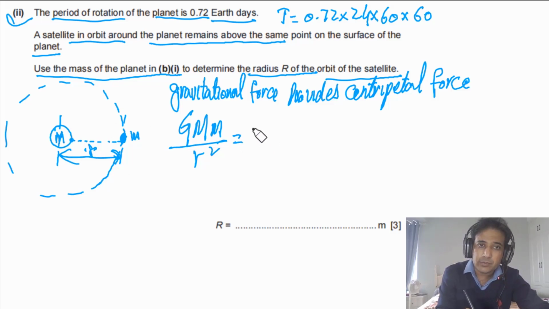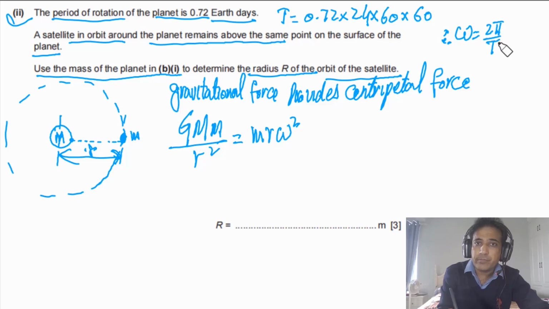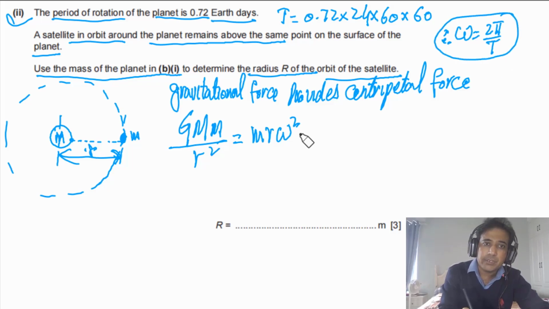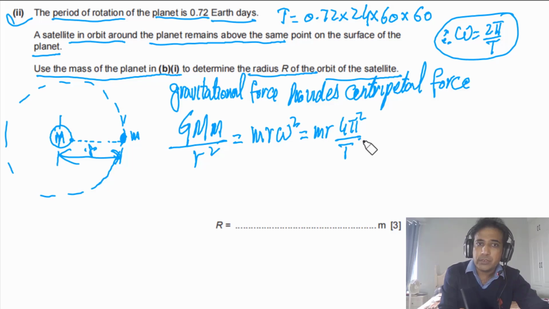This is equal to m r omega squared, and omega is equal to 2 pi over T, where T is the time period. So this is m r times 4 pi squared over T squared. Now from here we need to find the value of r.